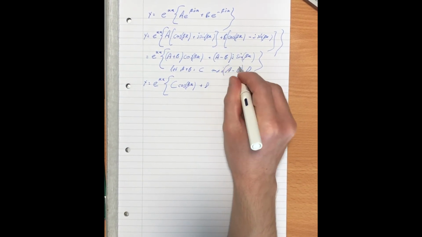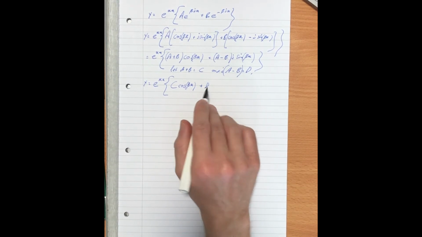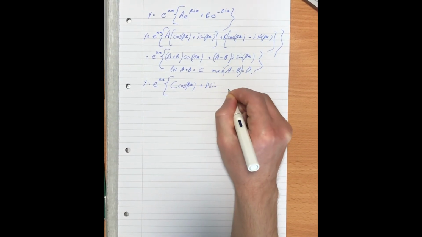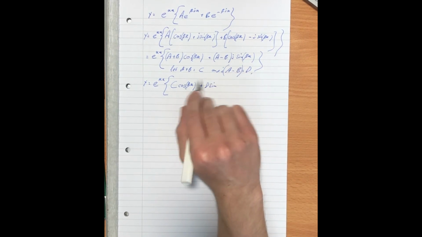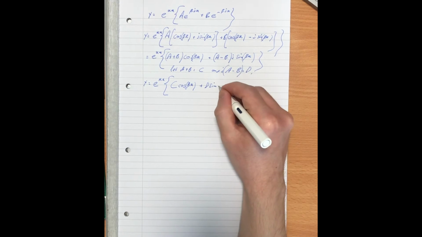That's very important now. So it's e to the alpha x, C cos beta x plus D sine beta x.